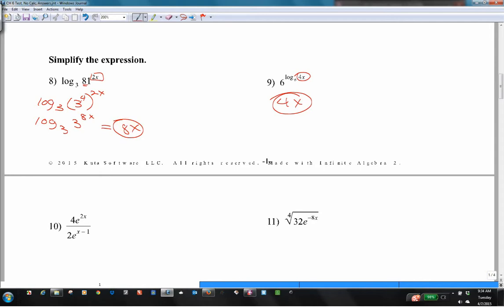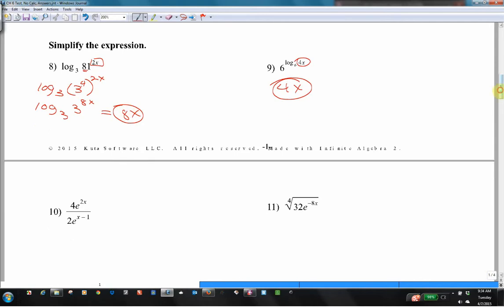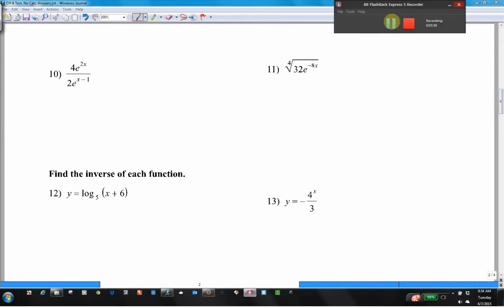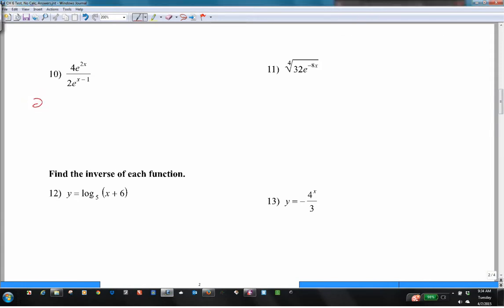Okay, moving down to where we are simplifying some bases. So here we go. What we're going to have is the 2 divides into the 4 twice, so that would be 2 as a numerator.